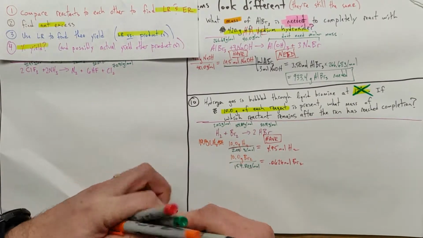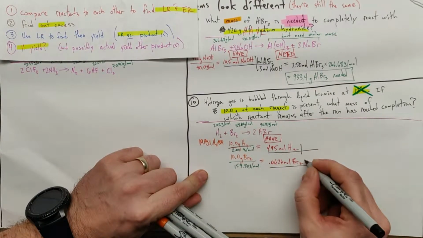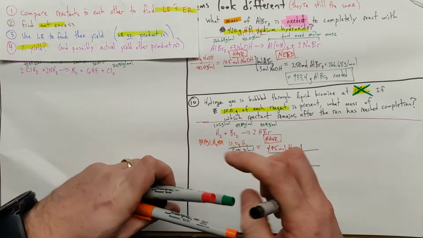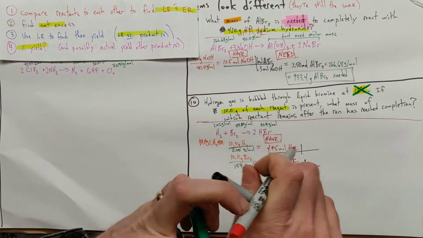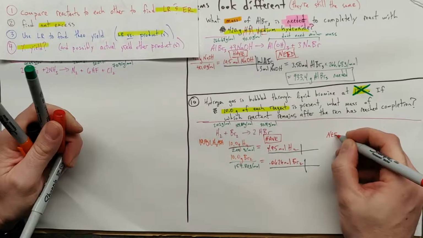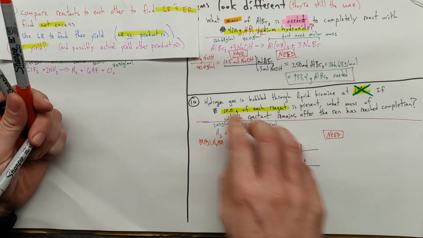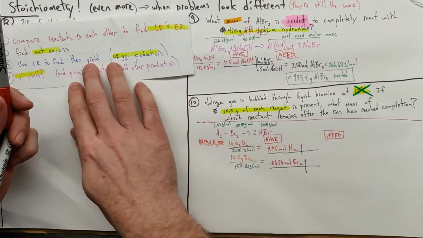We're going to do a quick stoichiometric comparison to find out what we need. Everything after the first box comes from the balanced chemical equation. We're still on this step right here.